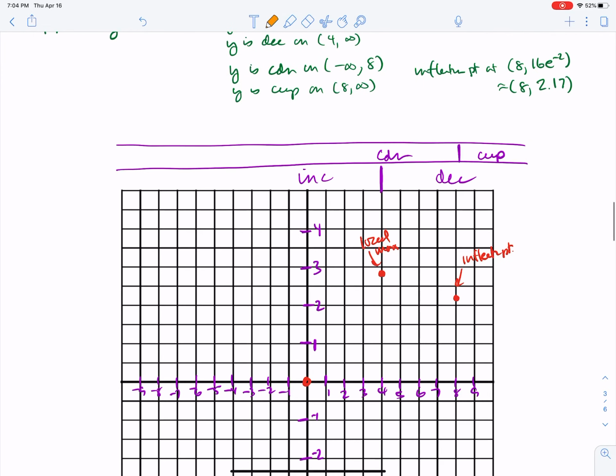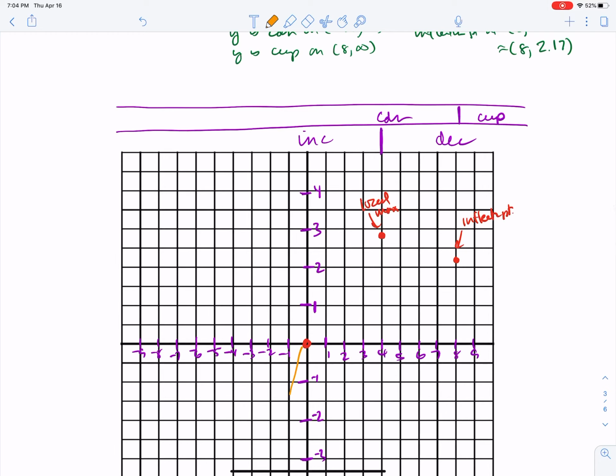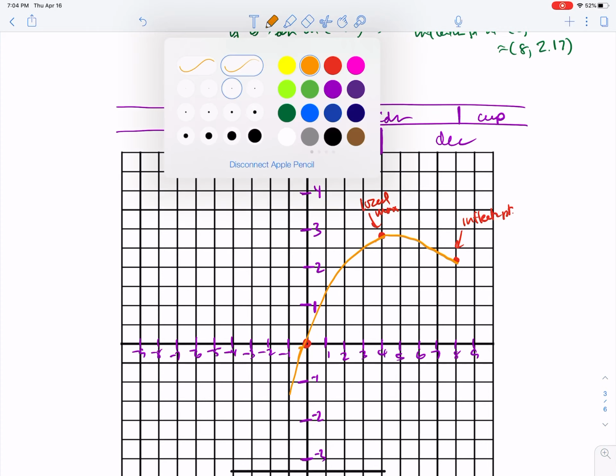So now let me try to draw this in. I start off increasing and concave down again. And so I'm going to be doing something like this. I go to decreasing and concave down until I get to right there. And then from then on, I'm decreasing and concave up. But I want to remember, let me draw this in.